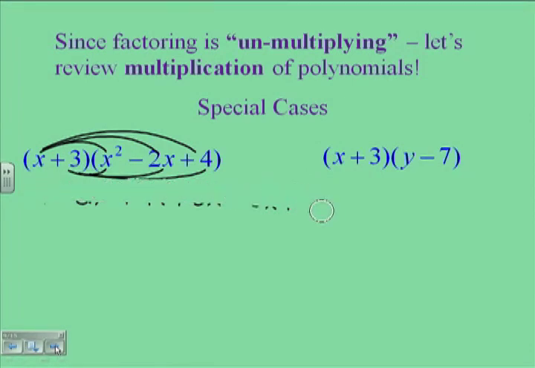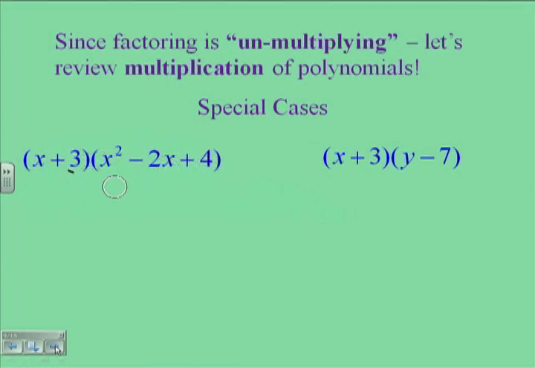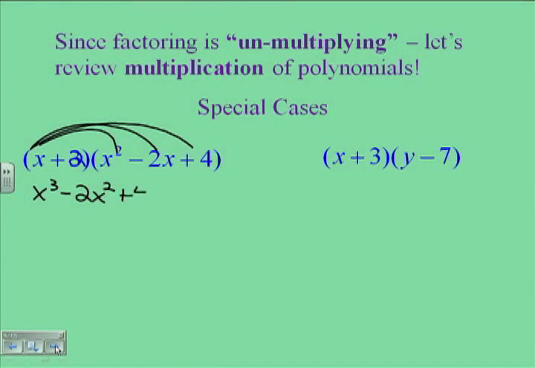So if you don't mind, well, that was fun. I want to change my number in the very beginning here. I want to change this 3 to a 2 because I was heading for a special formula and it suddenly dawned on me that it wasn't there. Okay, so let's do this again. x cubed from there, minus 2x squared, plus 4x.